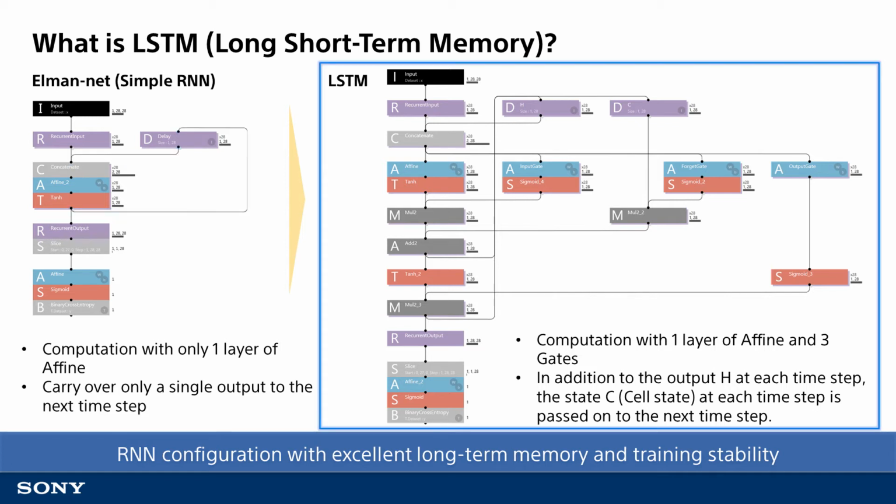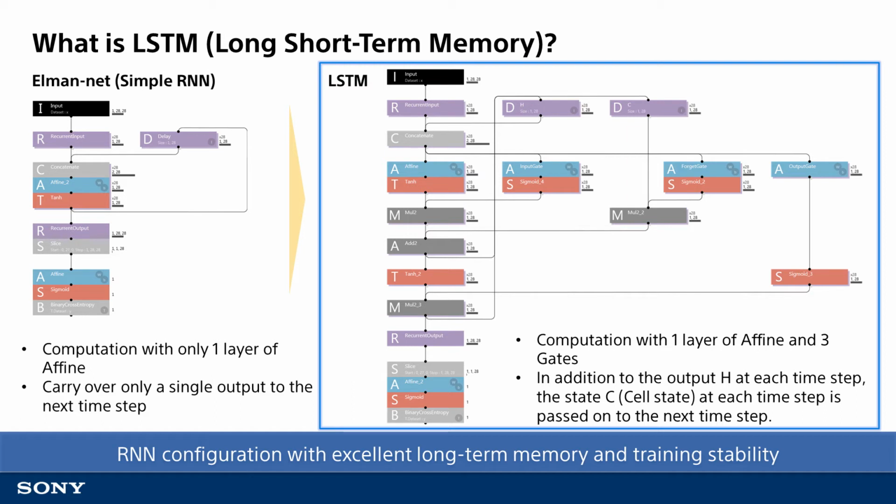In contrast, LSTM is structured like this. LSTM, compared to Elman-net, has such a configuration that it is possible to retain long-term memory even when the time series becomes long. At the same time, it provides more stable training than Elman-net. At first glance, it may seem rather complicated. I will explain the role of this structure one by one.